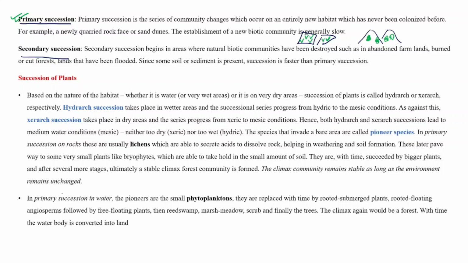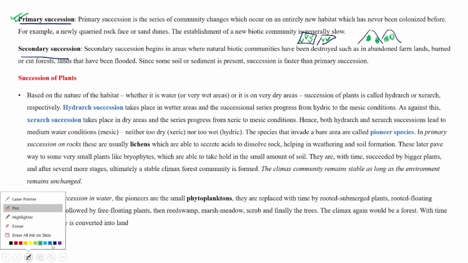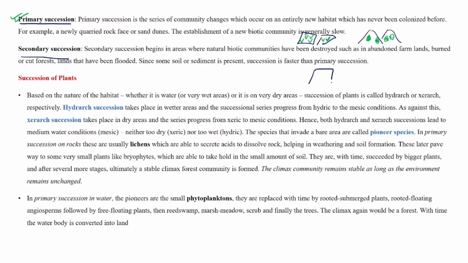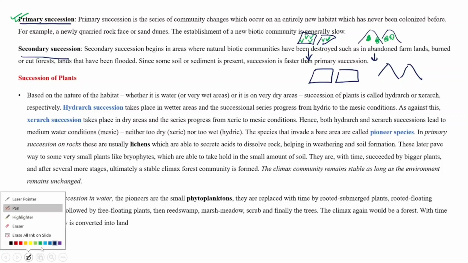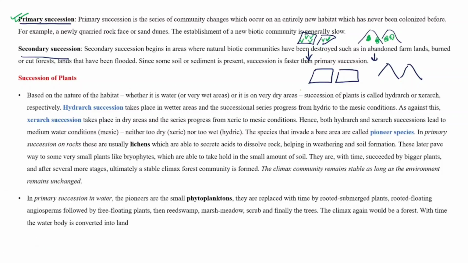Now what is secondary succession? Suppose this is again an area where these grasses are replaced by another type of plant. This is what we call secondary succession.